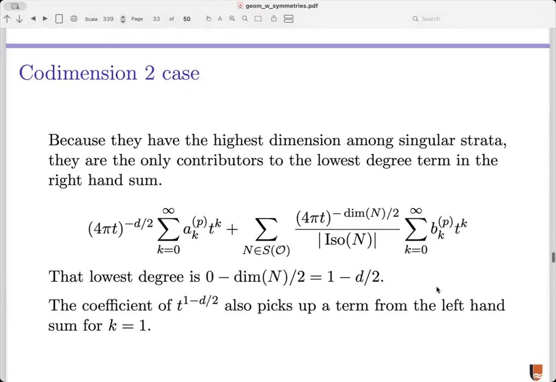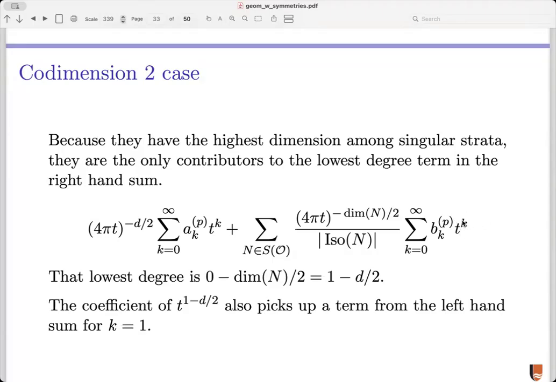So an observation is because we have this exponent here, negative dimension of the stratum over 2, our highest dimensional stratum, so our codimension 2 stratum, the d minus 2 dimensional stratum, is the only one that contributes to the lowest degree term on the right-hand side.